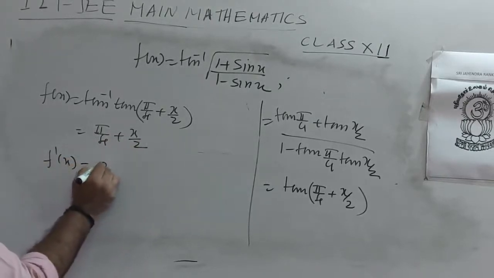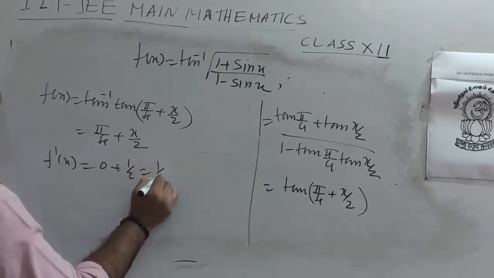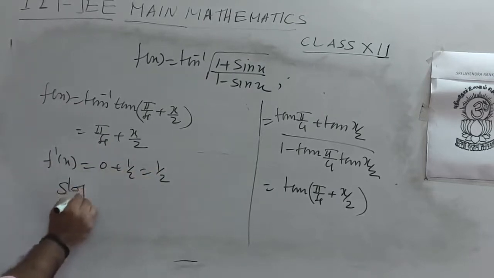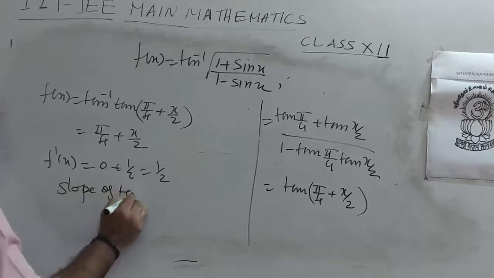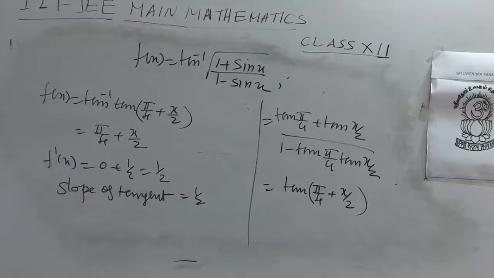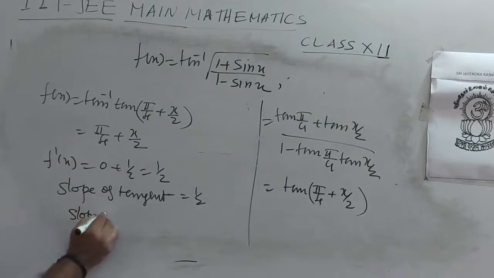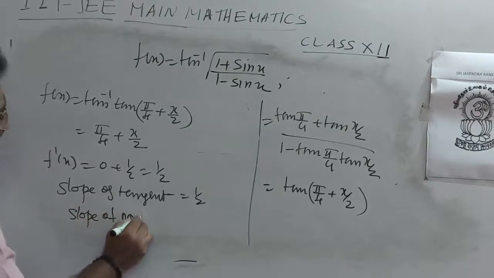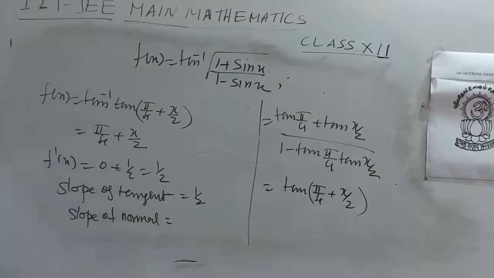F dash of x is 0 plus 1 by 2, equal to 1 by 2, that is the slope of the tangent, 1 by 2. Slope of the normal, that is minus 2. This is y.